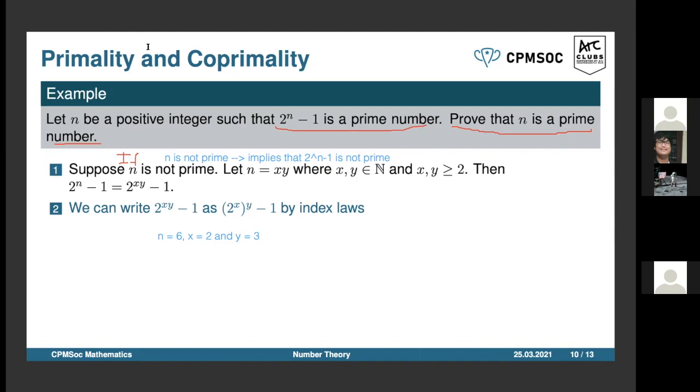If we do 2 to the power of 6 minus 1, that is equal to 63. 63 is not a prime number, so that's good because it shows that what we want to prove is correct for one specific value of n. You can write 63 as 7 times 9.